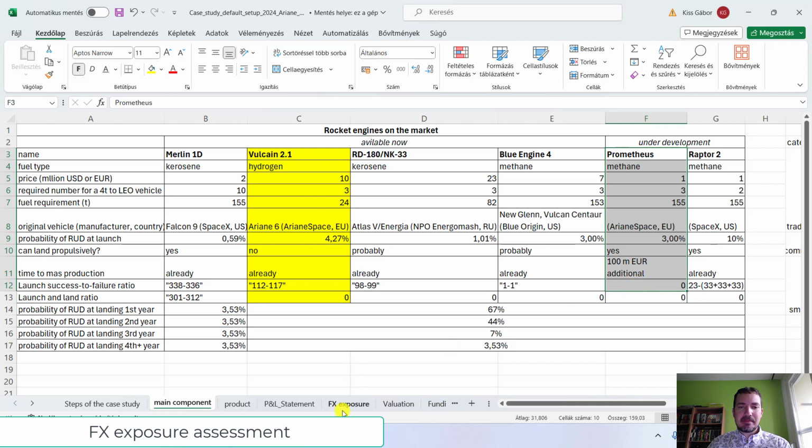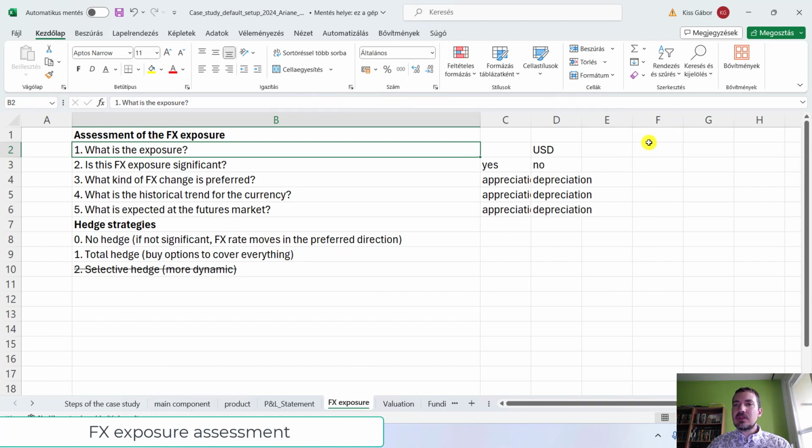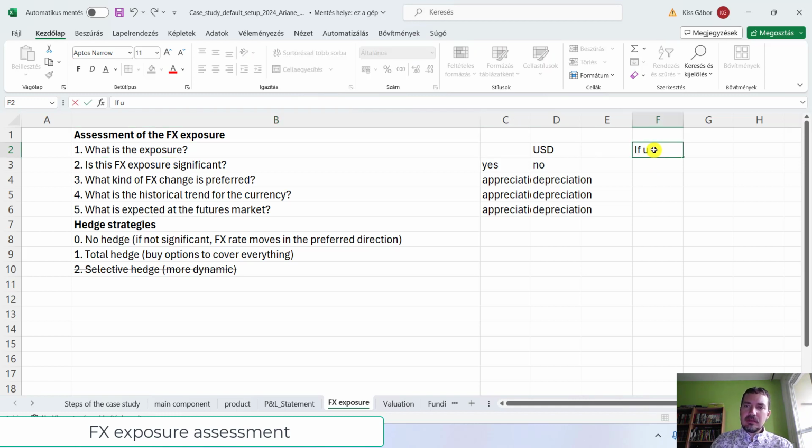So, yeah. So let's say that if using foreign engines, not Vulkan, then obviously, since it's an expenditure, practically we are incentivized, motivated to focus on the appreciation of the euro against the US dollar.